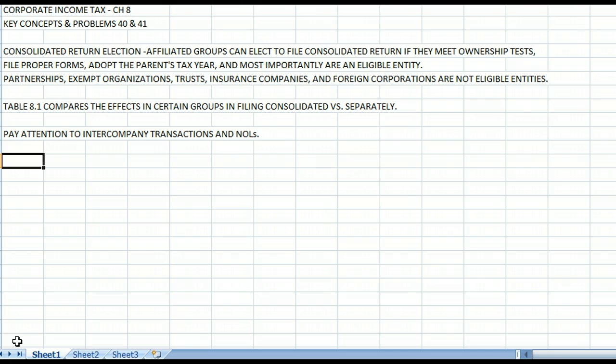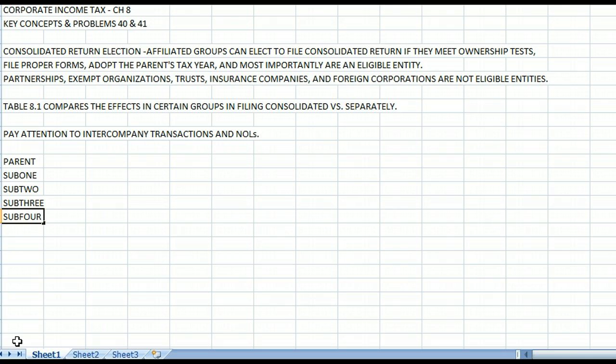So what you want to do is set it up so that each of the entities, we've got parent, sub 1, sub 2, sub 3.